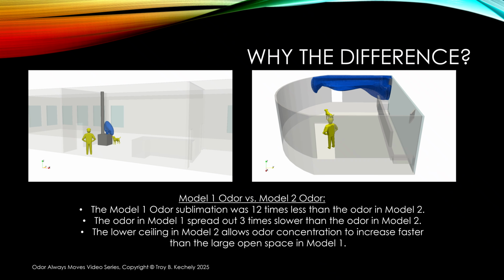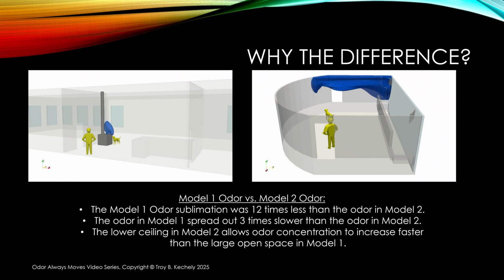I won't go into what those materials are. It's not important. But they were drastically different source materials. And then the odor in Model 1 as well spread out 3 times slower than the odor in Model 2.